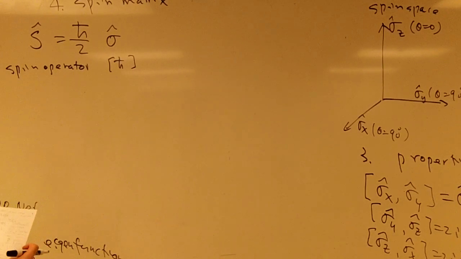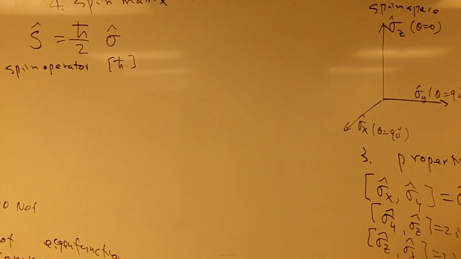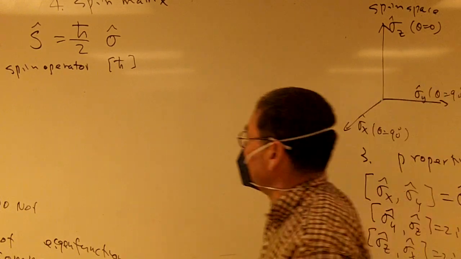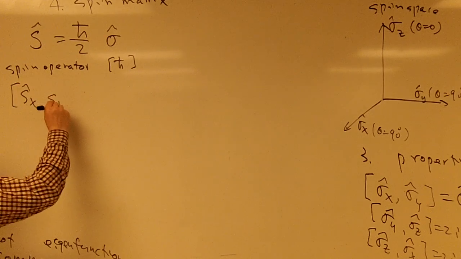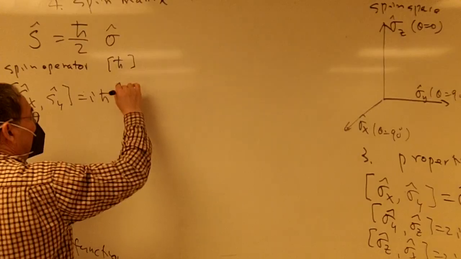Now the beauty of this 1/2. Do you remember the commutation relation? Did you see we have a 2 here? When you write it in the spin matrix it becomes simpler: Sx hat, Sy hat equals i h bar Sz hat.